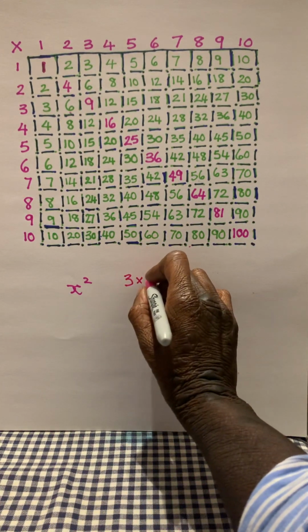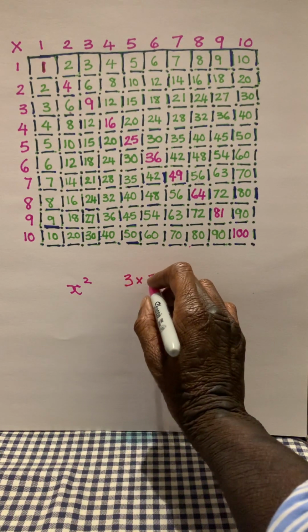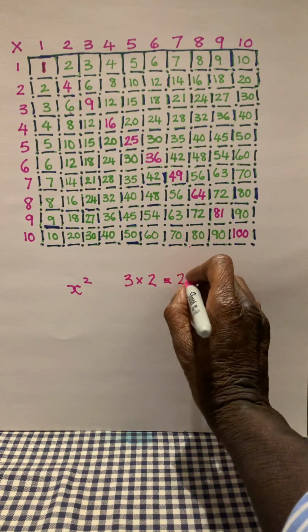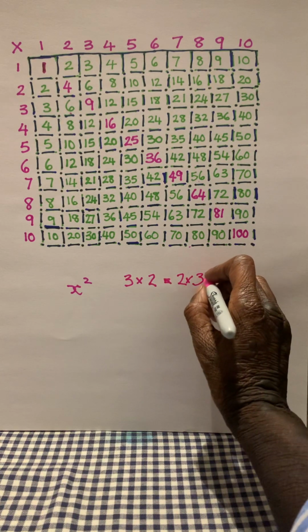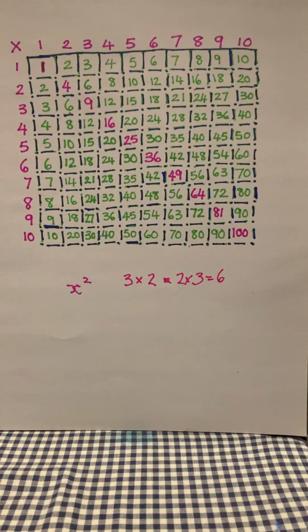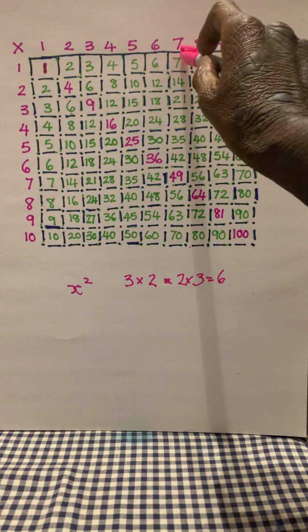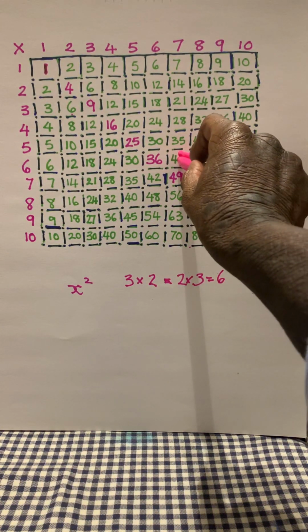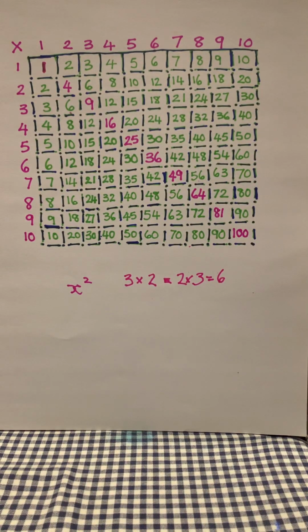I hope people know that 3 times 2 is equivalent to 2 times 3, which equals 6. So you can play with these numbers, have a play. You've got 7 times 6 equals 42, but also 6 times 7 equals 42. You see? Isn't it great?